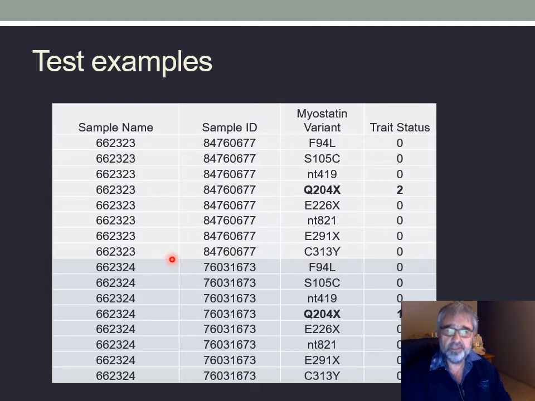This is an example of a lab result. There are different types of variants of the myostatin gene, and you can see that there's an animal carrying both variants of the Q204 variant.